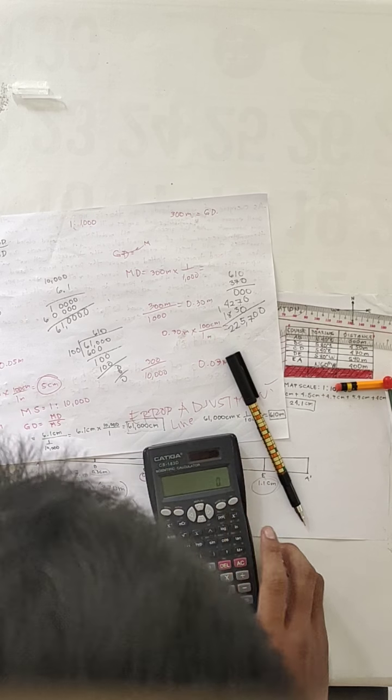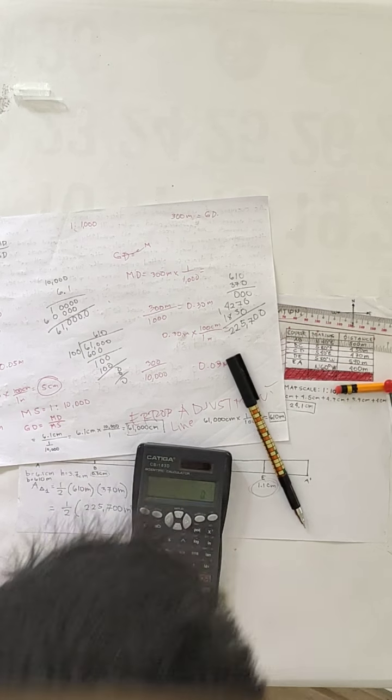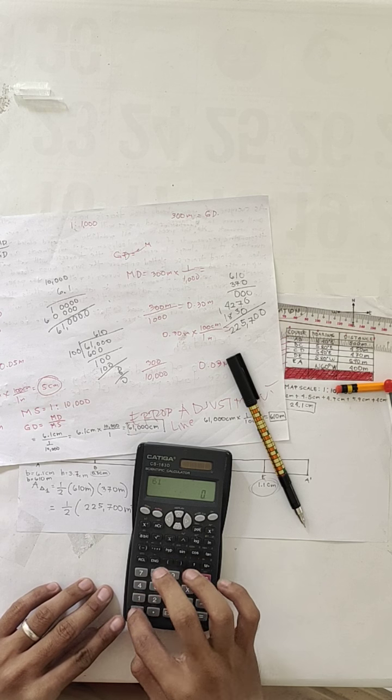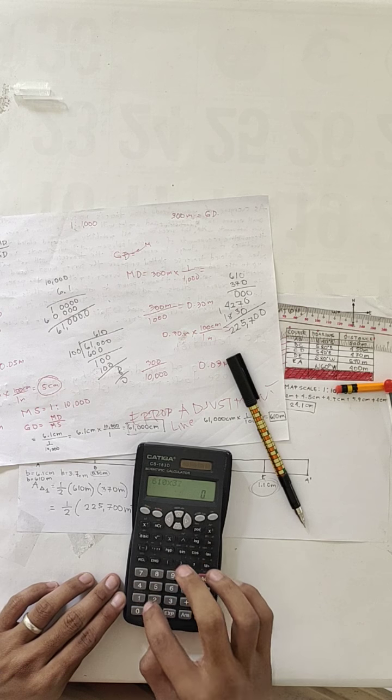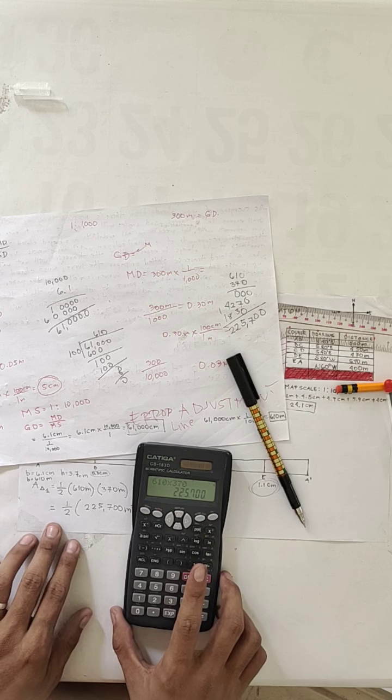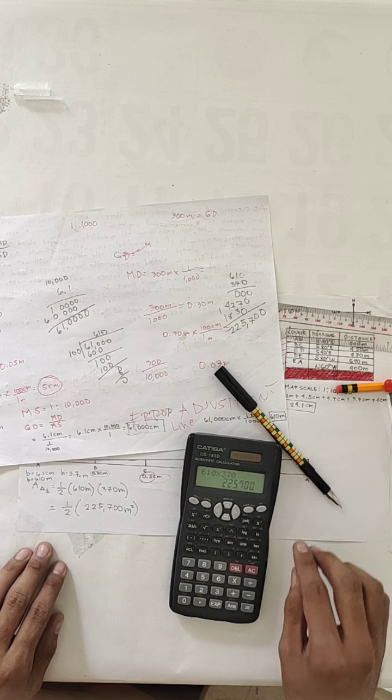So let's check. 610 times 370 is 225,700 meters squared.